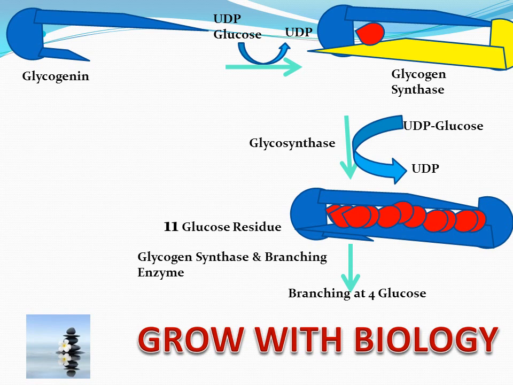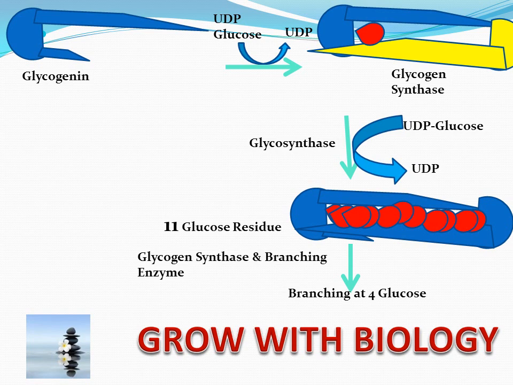Now look at the structure. This first blue color structure is a replica for glycogenin. In glycogenin, one UDP glucose molecule is converted to UDP, and then it gets joined, and while UDP is released, this glucose, which is mentioned in red color, is joined here with the help of enzyme glycogen synthase.